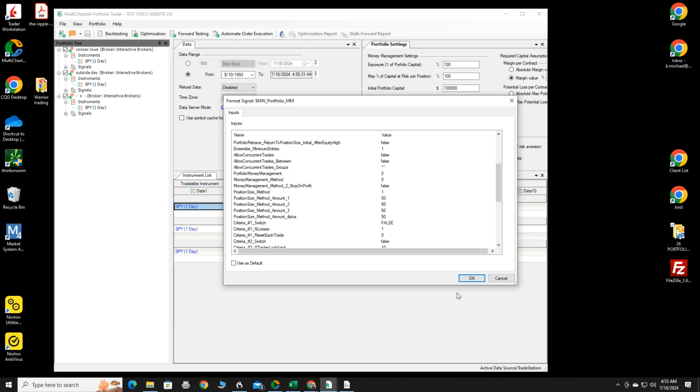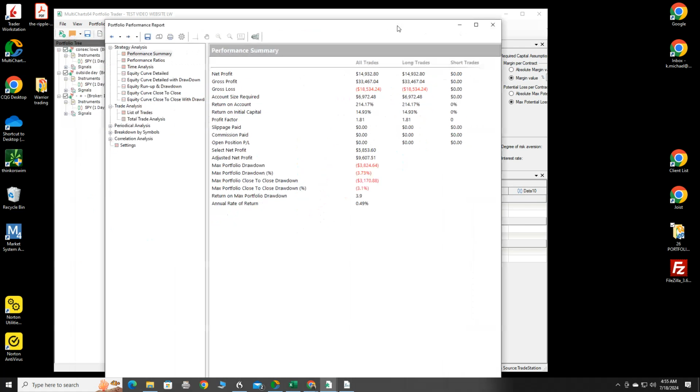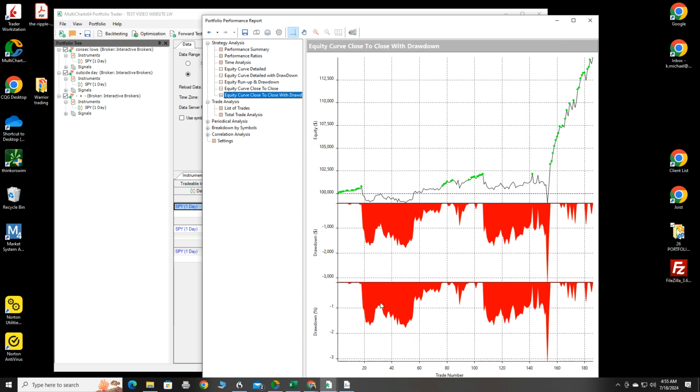So what we did here, right now ensemble method 1 is turned off essentially, okay? And the results of this, when it's turned off on these 3 strategies, as you'll see, $14,932, and we have this graph.